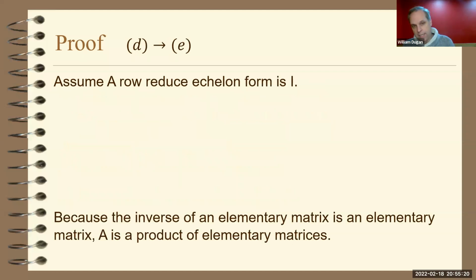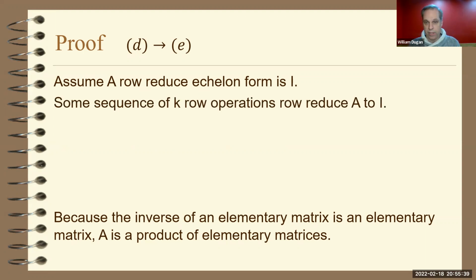Now for D to E. Let's assume that A can be row reduced to the identity matrix. I will show that because of that, it can be expressed as a product of elementary matrices. Remember that if A can be row reduced to the identity, there's just a sequence of row operations that do that.